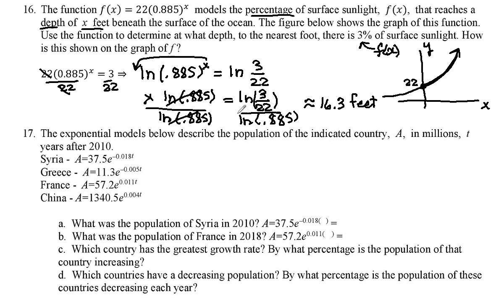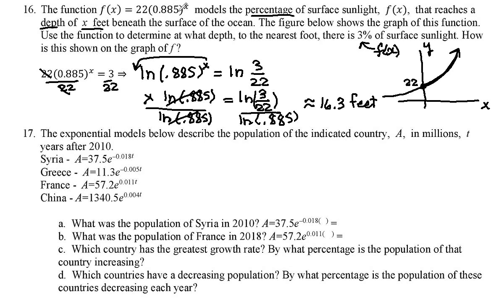So you guys will be doing something similar here. Taking logs on both sides, you'll bring your exponent down, divide off the coefficient. And then, how is this shown on the graph of f? Okay, so that's saying when x is 16.3, then your y is equal, let's see here.